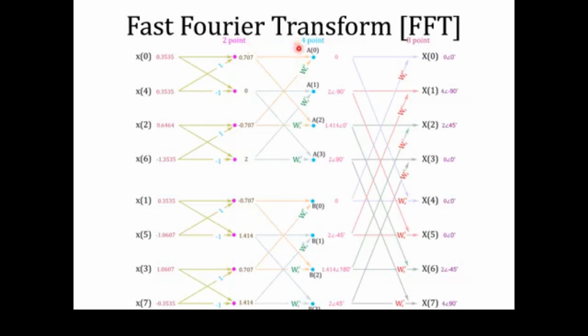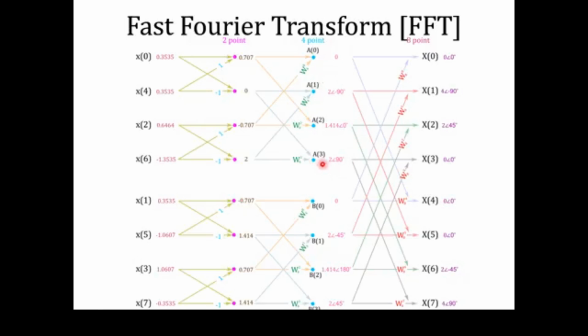So A of 0 will become equal to 0.707 plus W40 times minus 0.707, and please remember that the first twiddle factor value will always be equal to 1 angle 0, as we discussed in the previous lecture in detail. So the answer will be equal to 0 because 0.707 plus 1 multiplied by minus 0.707 becomes 0.707 minus 0.707, which makes it 0.